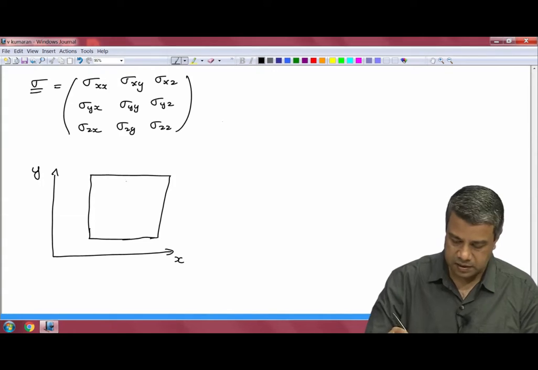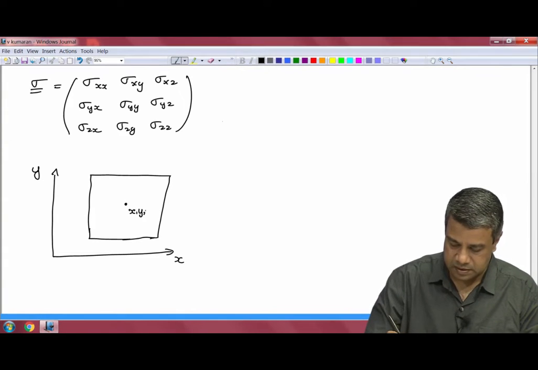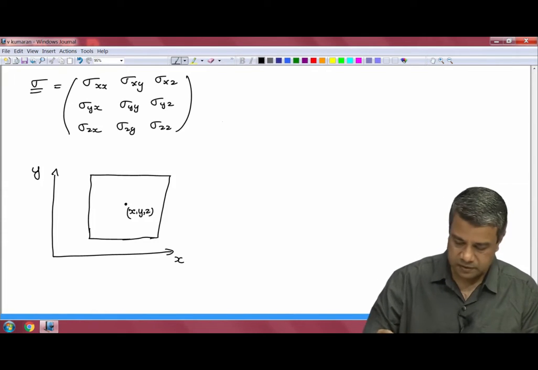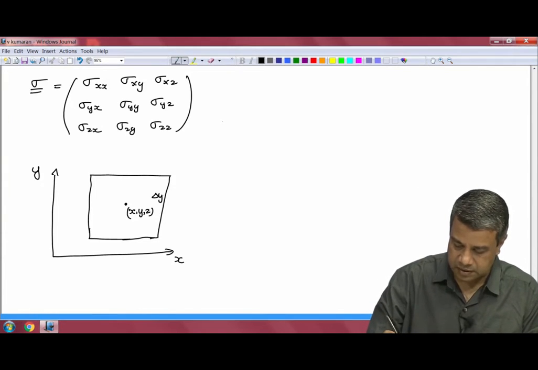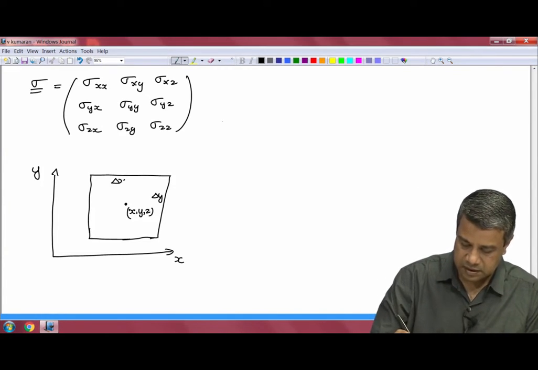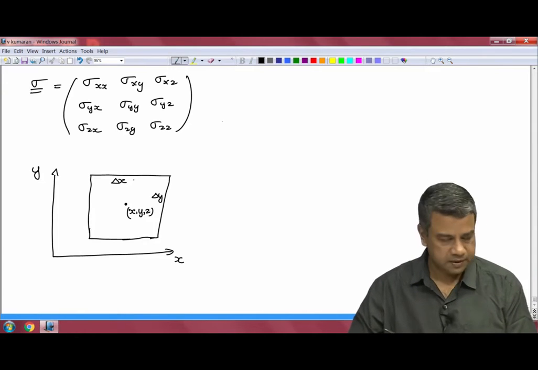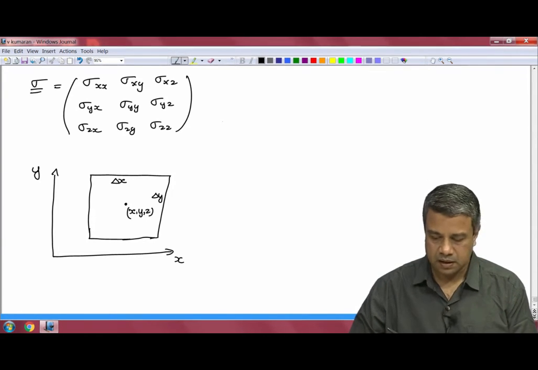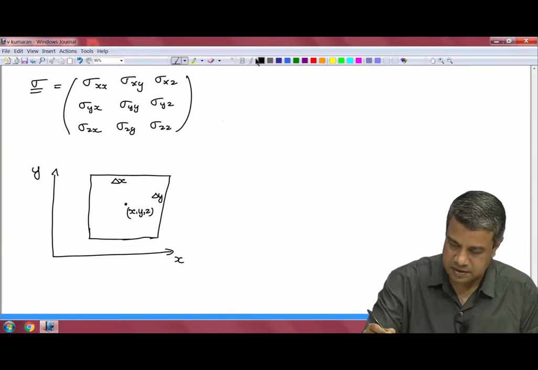This location is x, y, z. At the location x, y, z, I have a differential volume with sides delta y in the y direction and delta x in the x direction, and I can write down the stresses at this volume.